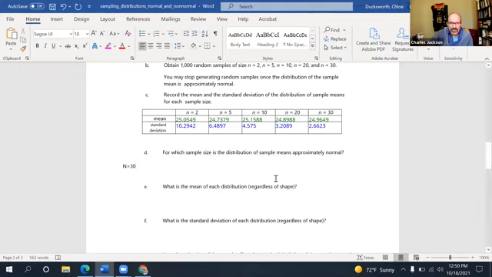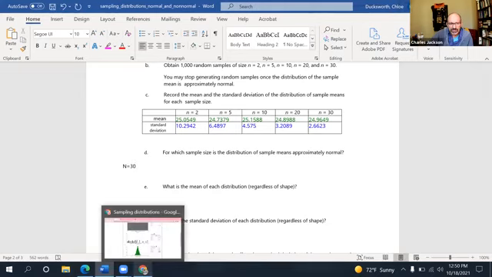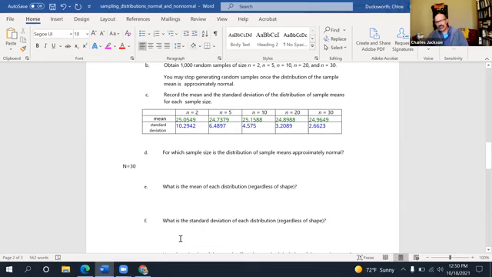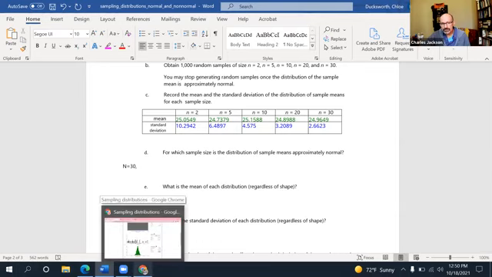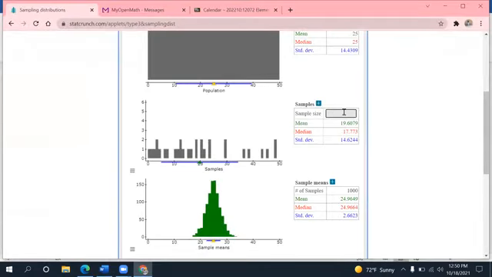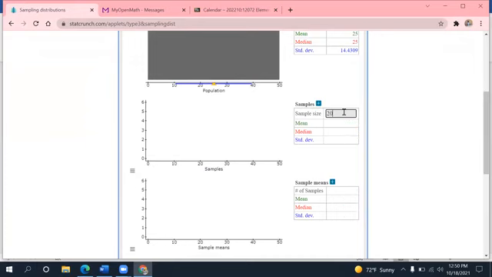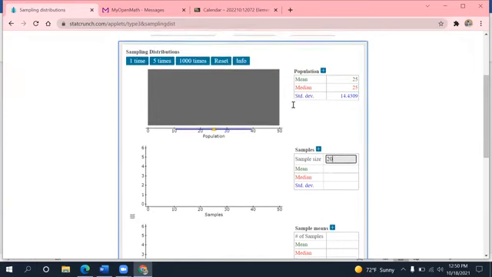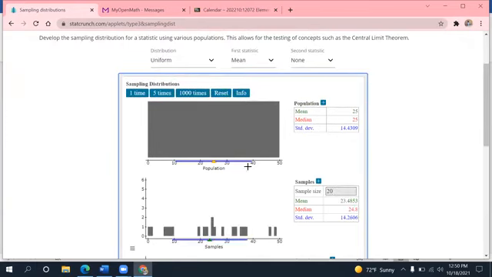What about the other ones, Daisy? Did it look bell-shaped for n equals 2, n equals 5, n equals 10, n equals 20? I could go back if y'all want to see them. I think they did, but they were just further spread apart.